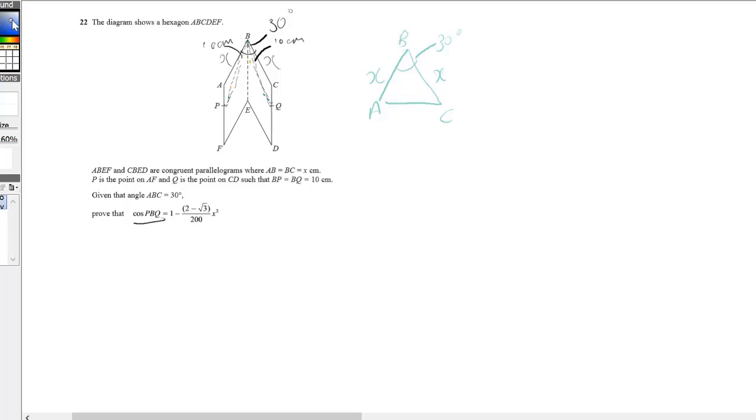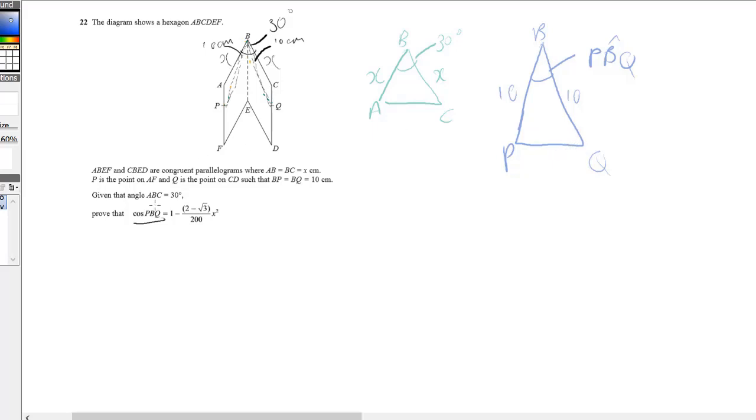And then we have another triangle, which is PBQ. We know that the lengths are 10 on BP and BQ, because we're told that.